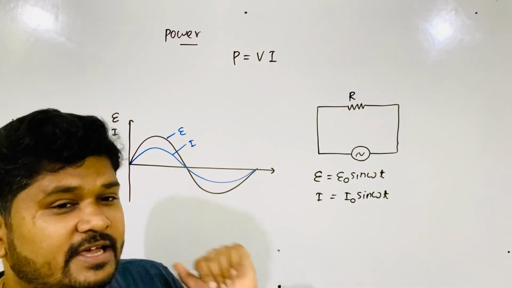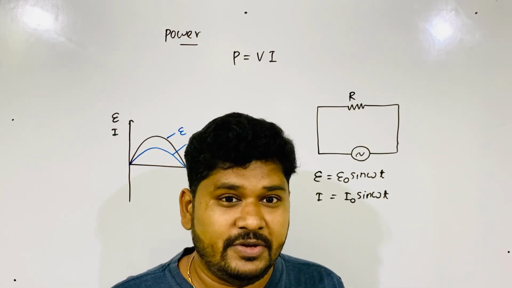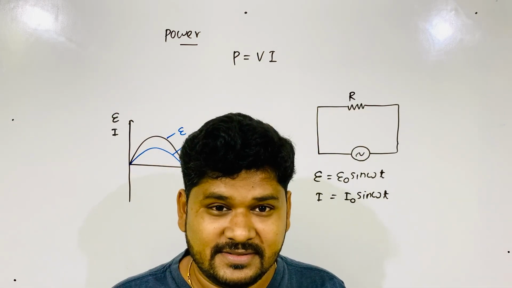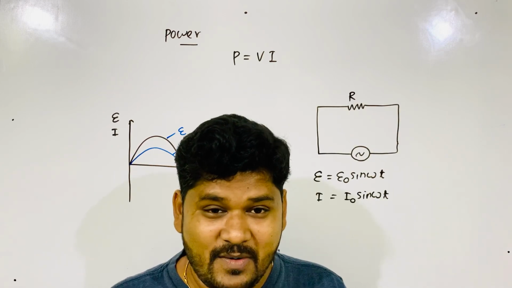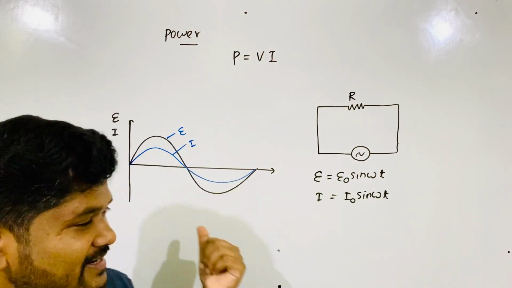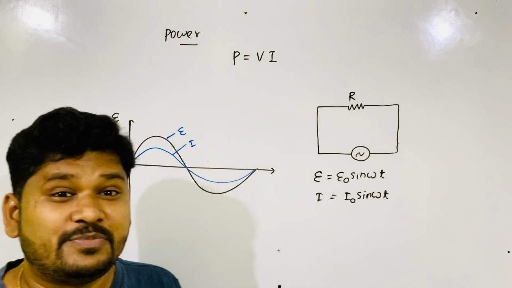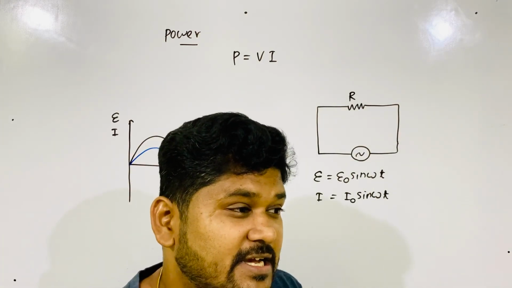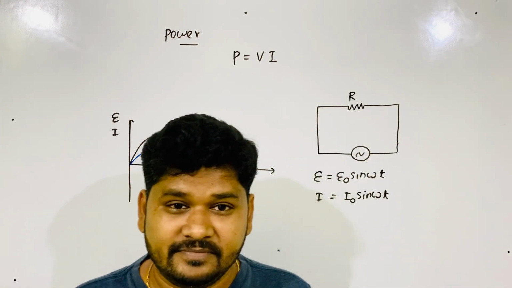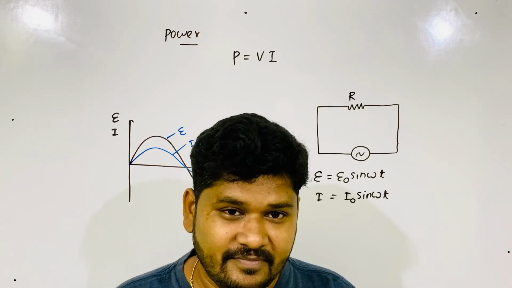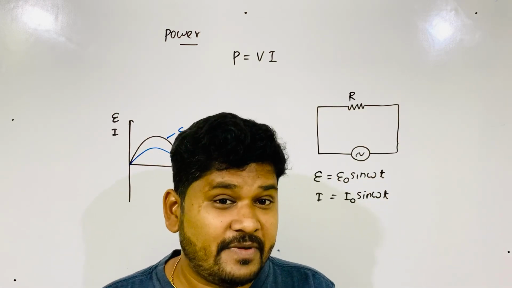You just put them there, get the power, and write the unit watt, kilowatt, megawatt. But here you are facing the problem of which voltage to take and which current to take. That's the problem. So how will we find the power?